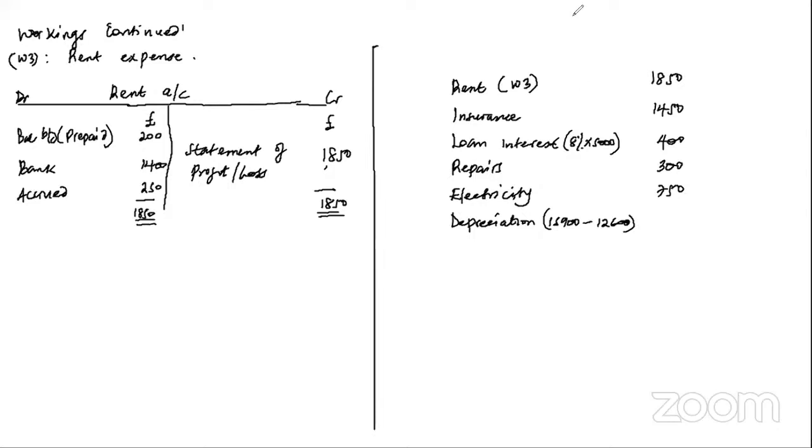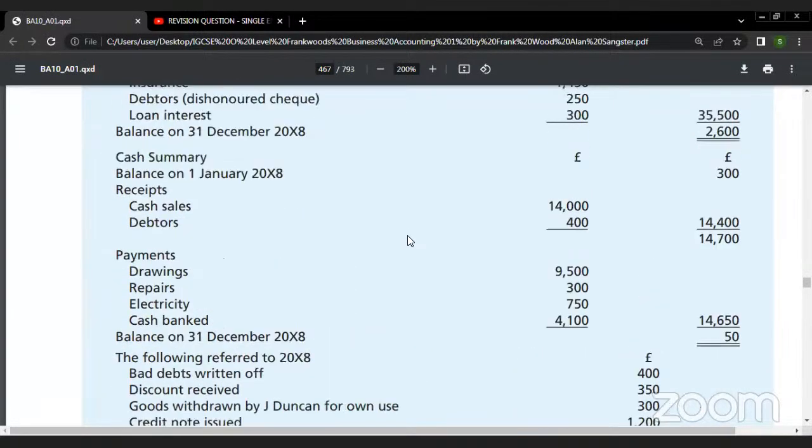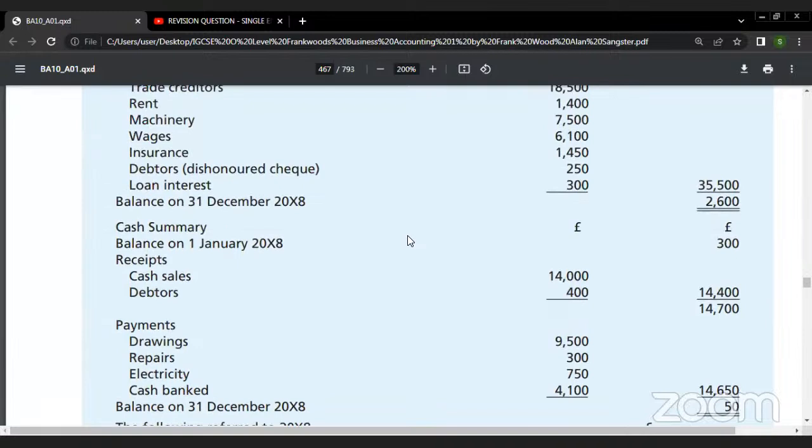Let me check again the depreciation. Of course, we also have machinery that was acquired during the year.